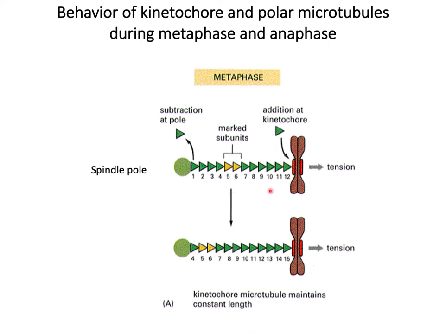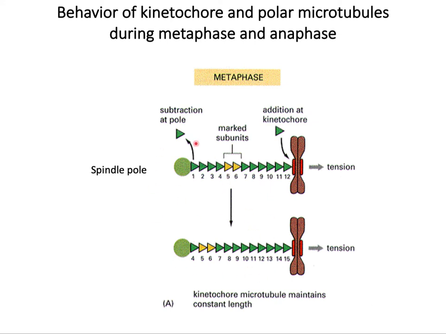So you are getting constant addition at the plus end, and it is the plus end that is interacting with the kinetochore region. And you are getting constant subtraction at the minus end. And we have seen this before when we discussed microtubules. But the rate of subunits on is equal to the subunit off.